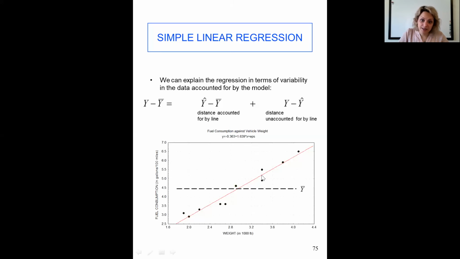In fact, it's the distance from this estimate to the y bar, plus the difference between y minus y estimate. Here y is the real value, minus y estimate, so it's going to be negative. It's going to give you y minus y bar, it's going to give you this.